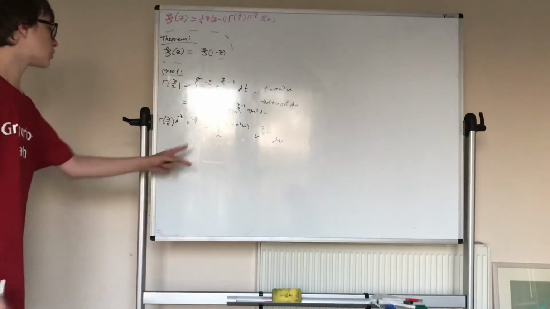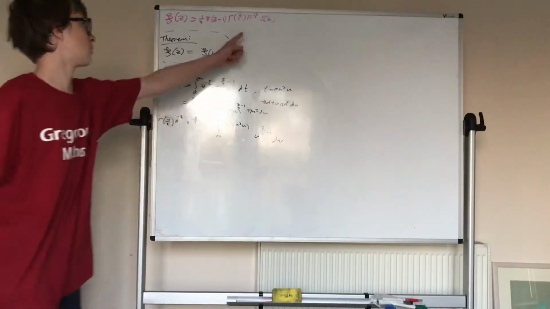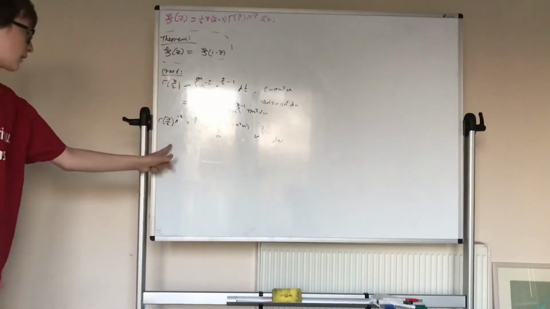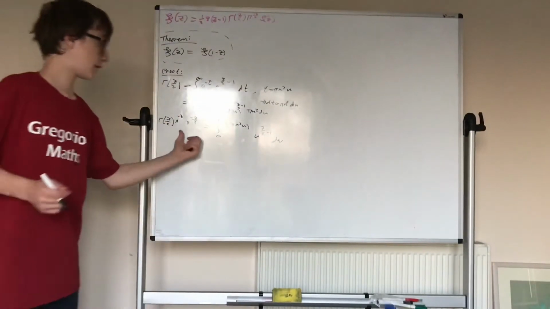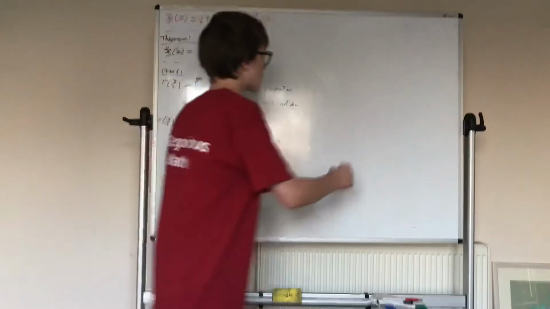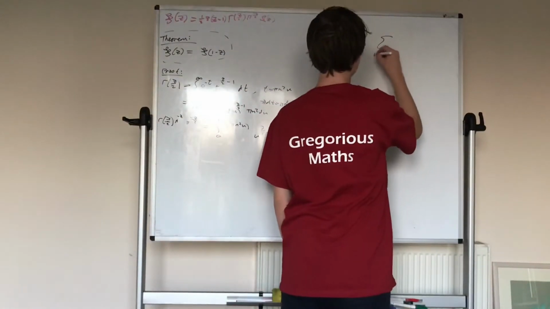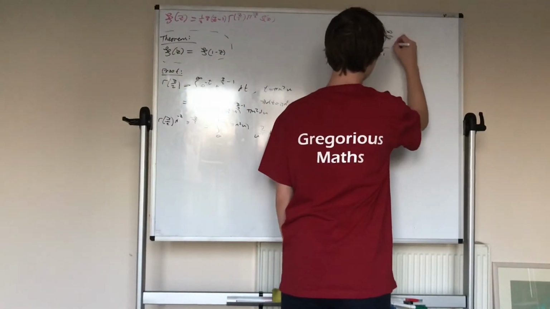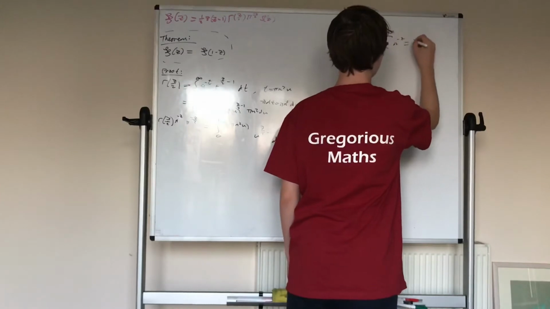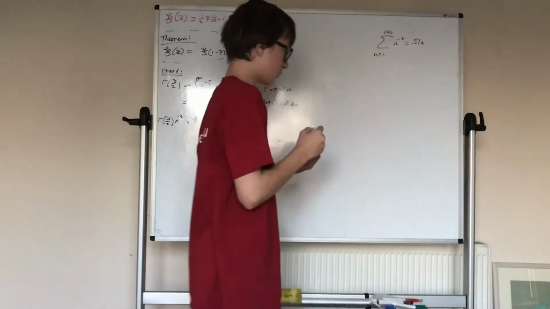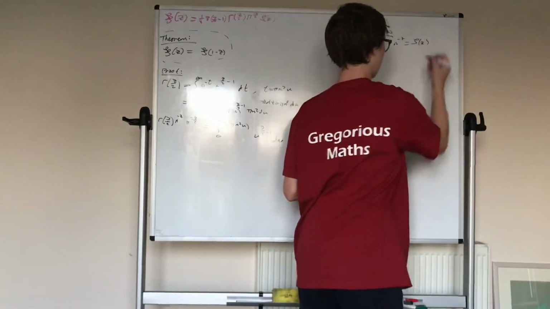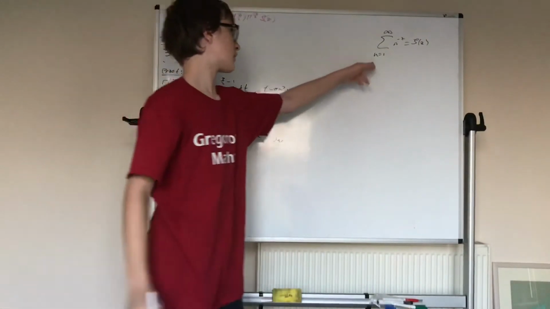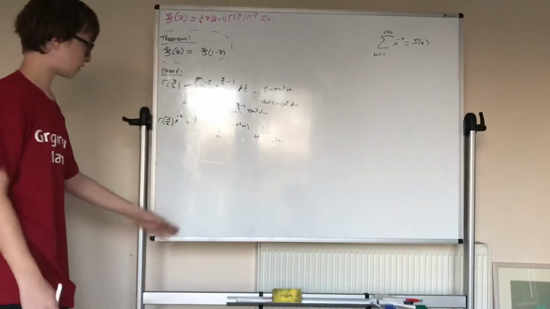Now, we've got our pi to the negative z over 2, gamma of z over 2, and we have an n to the negative z. But remember that the sum from n equals 1 to infinity of n to the negative z equals zeta of z. Okay, and so we can just take the sum from n equals 1 to infinity on both sides.